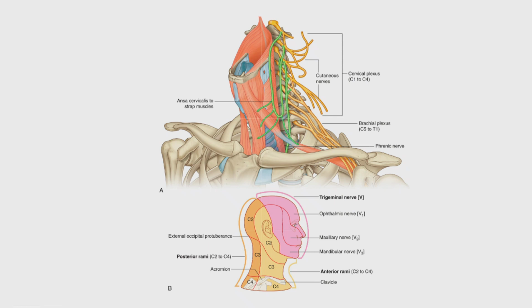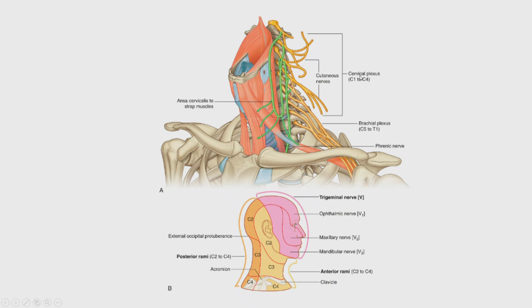The ventral branches of these nerves fuse together and make a plexus, which is called the cervical plexus. I don't want to go into detail. Just know that the cervical plexus is formed by the ventral branches of the spinal nerves of segments C1 to C4.